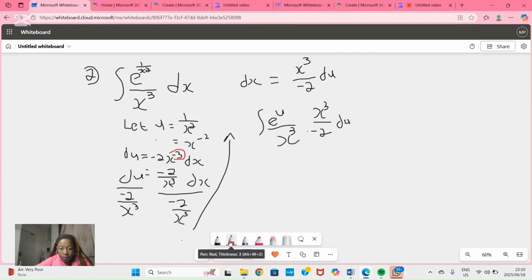So the x cubed cancels, and then we are left with an integral of e^u times 1 over negative 2. And then we write our du.